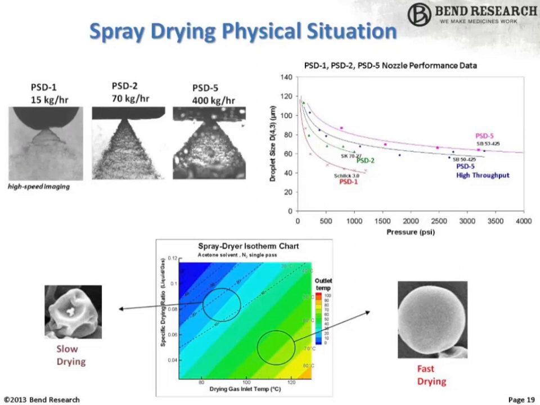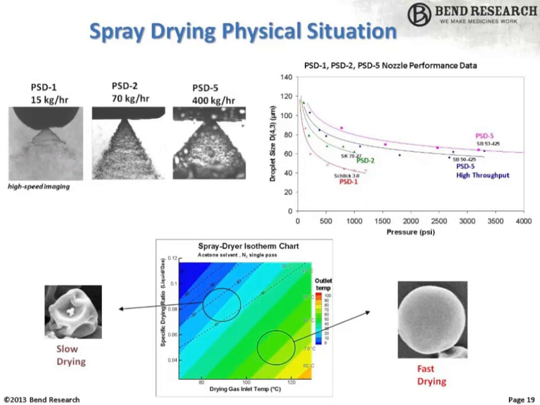And really what's important to note is that as you think about spray drying and scaling the spray drying process, as you go from the PSD1 where drying is often not an issue, by the time you get to the PSD2 and absolutely by the time you get to the PSD5, really the isotherm for the spray dryer needs to be taken into account.